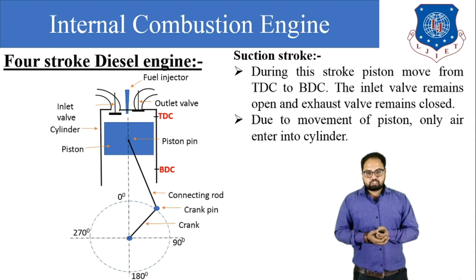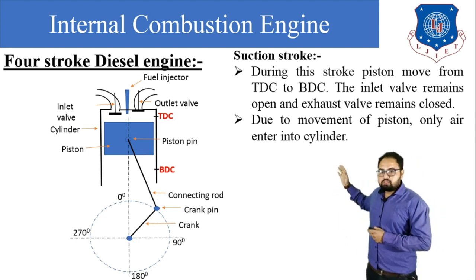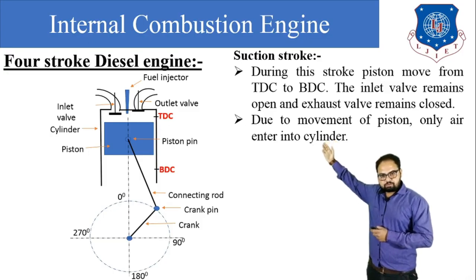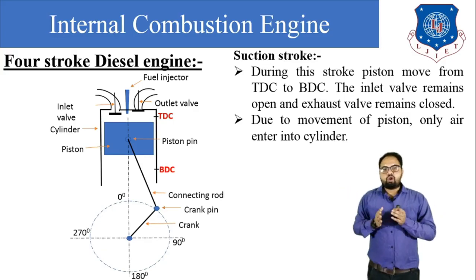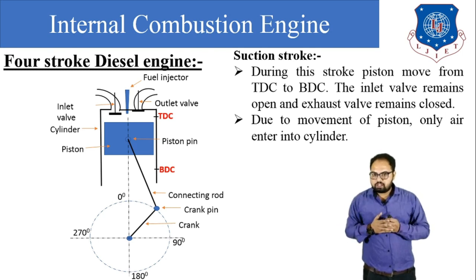The first stroke is the suction stroke. Here you can see that during the suction stroke, the piston is at TDC. When the piston travels from TDC to BDC, the volume inside the cylinder increases, the pressure inside the cylinder decreases, and negative pressure is generated inside the cylinder.